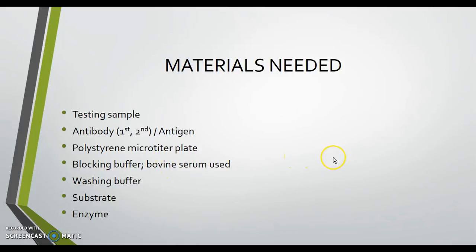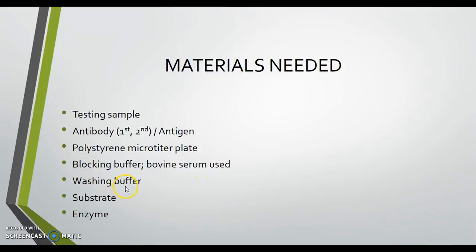After the antibody is added and bound to the walls of the ELISA wells, there are spaces in between the antibodies, so the bovine serum is used to fill those spaces in order for the secondary antibody, which contains the enzyme, not to be bound to the walls of the ELISA well, which can lead to the formation of a false negative result.